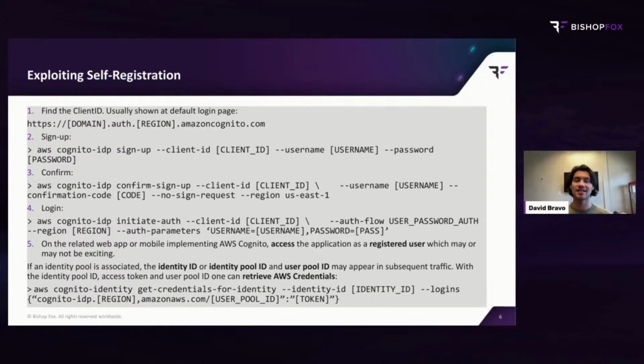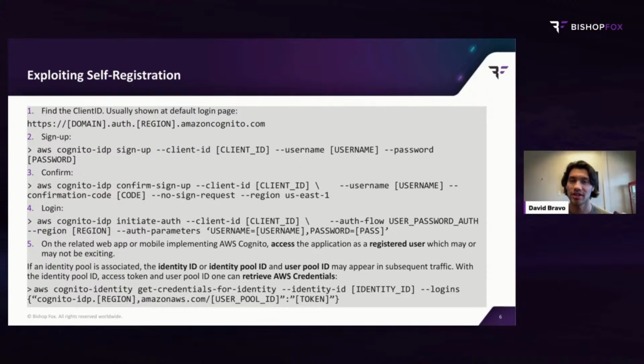So to sum everything up, when you're exploiting self-registration in an AWS Cognito implementation, you first look at the traffic to find the client ID. You then sign up a new user. You might get an error because the AWS Cognito user pool is saying no, you're not allowed to sign up a user, and so then, kind of sad. But let's say you can. You sign up, then you confirm the user, and then you log in and retrieve a token.